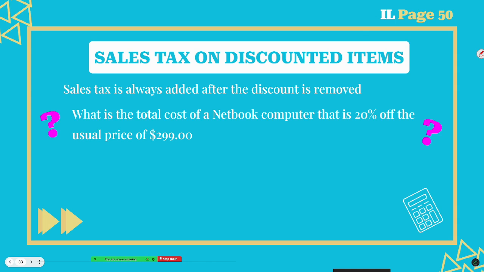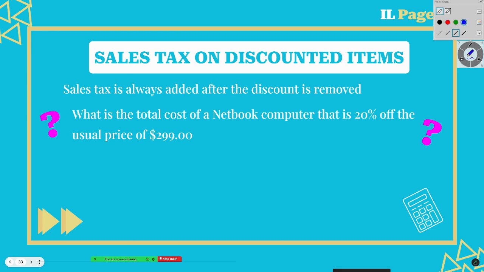First you find your discount, then you find the tax. So this one is very important in the step in which you lay it out. You want to be mindful that tax gets added after.